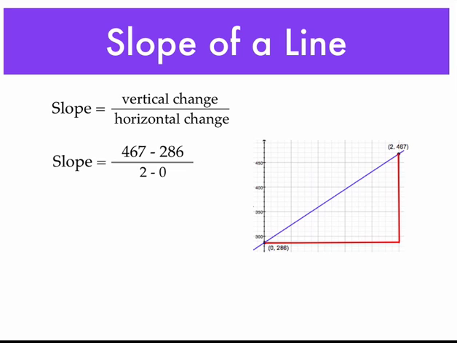Or 467 minus 286, that's the vertical distance, divided by 2 minus 0, that's the horizontal distance. That simplifies to 90 and 5/10. You could interpret this as meaning that this baby gained 90 and 5/10 pounds a month for his first 2 months.